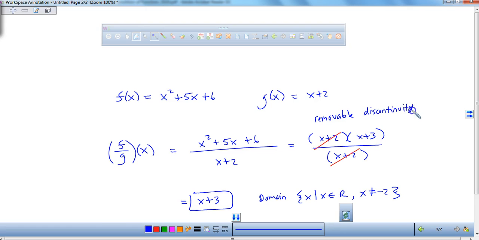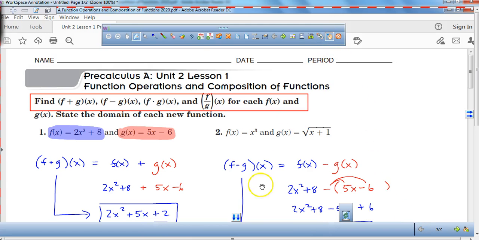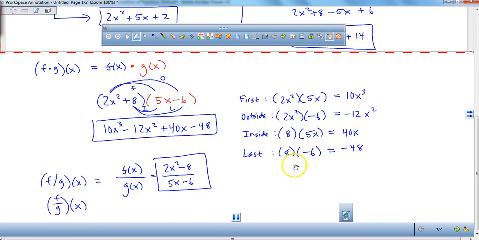So there's a removable discontinuity at x equals negative 2. The domain would be changed, but the quotient would be just x plus 3. A lot of times when they're having you do these operations, you'll be able to simplify it. On this particular example, there is an alternate form, but I'd have to go into long division, and that's something we'll do later anyways. Just understand it means divide.